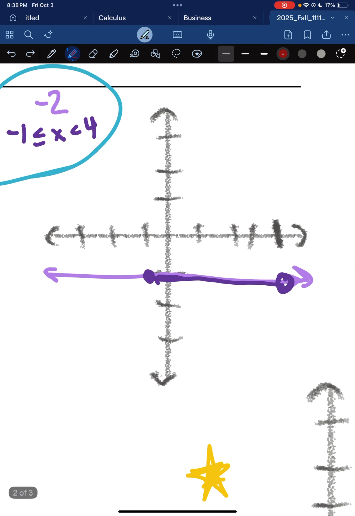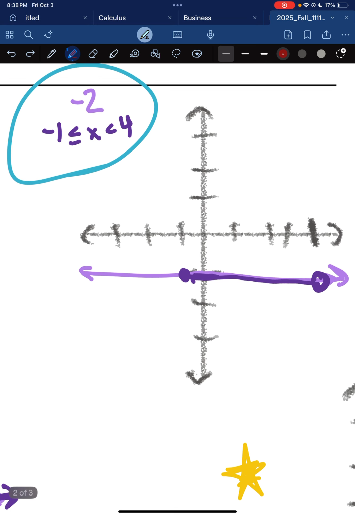So for this one, it's a little more complicated, but it's not that hard. So our first restriction is -1. So we find -1, which is right here. Then we have to go down because our line is right here, obviously.